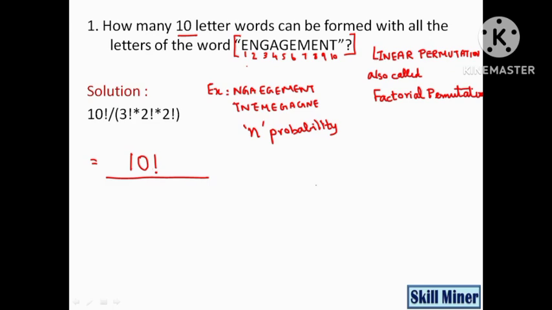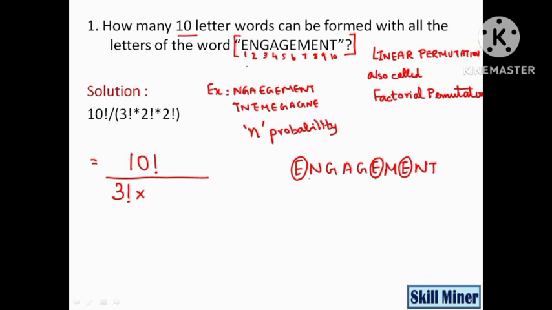In the word ENGAGEMENT, the letter E is coming 3 times, so 3 factorial.